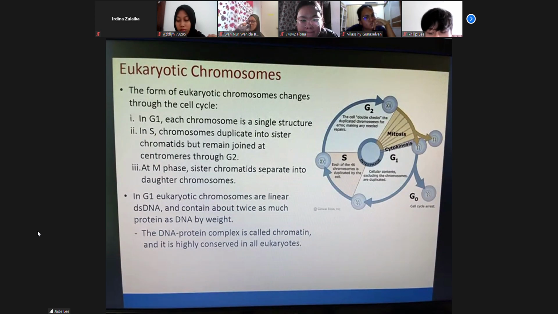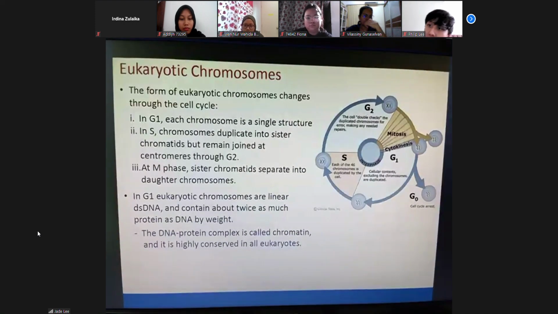Ya, so at M phase, okay, so sister chromatid was separated into daughter chromosome. Contohnya di mitosis ni. Ya, dia kena separate. Kerana dia nak hasilkan sel yang baru. Kalau tidak, dia tidak double up dekat sini. Macam mana dia nak separate nanti? Nanti satu tu dia kosong, tak ada kromosom. Satu tu penuh dengan kromosom. Dia tidak boleh bahagi nanti.